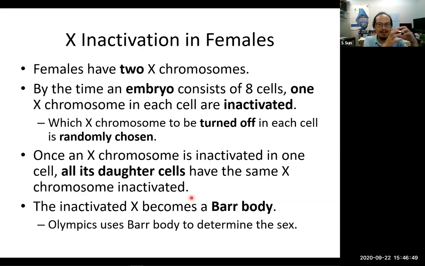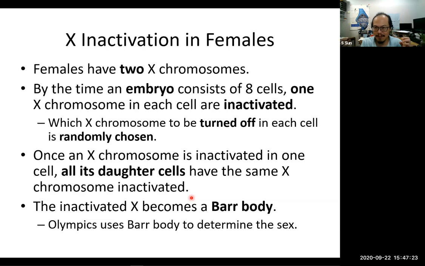So say you now have 8 cells, right? 1 to 4, 4 to 16, say 16 cells in this embryo. These 16 cells will start to inactivate one X in each cell. This inactivation is random, so it may inactivate the one from the father, the one from the mother, or the one from the father.